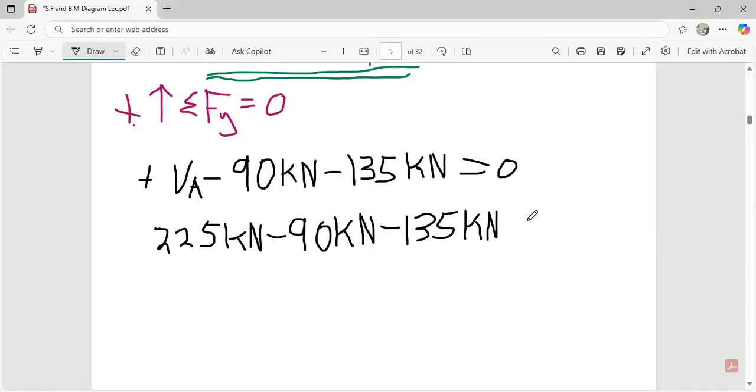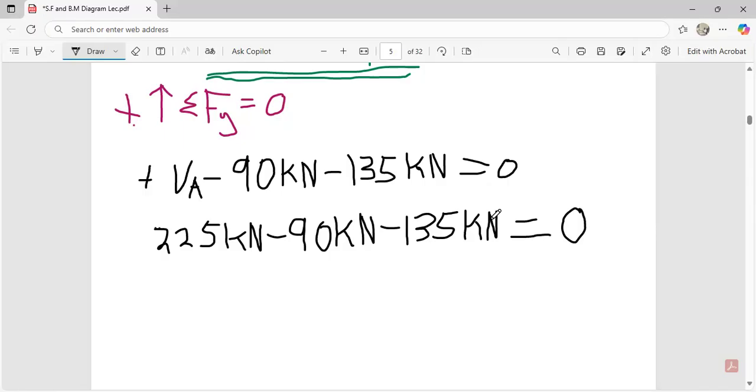At the end of the day, if you punch all this on the calculator, let's all try it together: 225 minus 90 minus 135. I'm getting 0. If you don't get 0, it means that there is a mistake. You have to go back and cross-check to make life much easier for yourself.